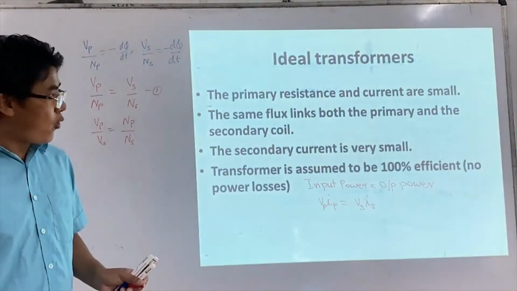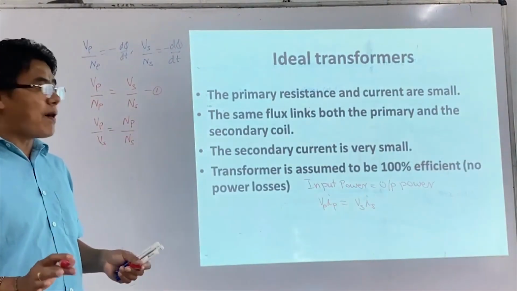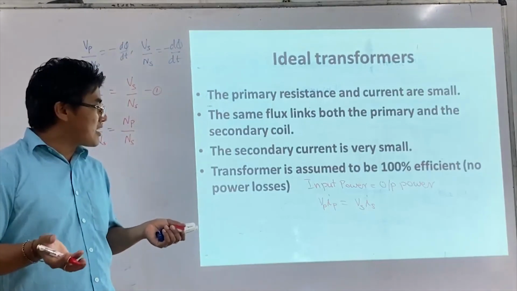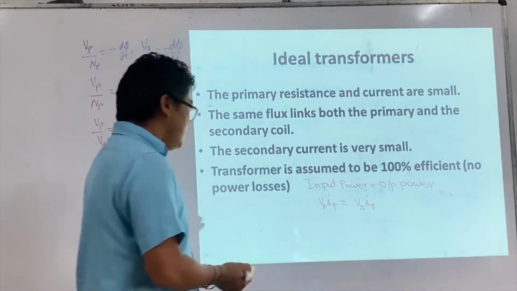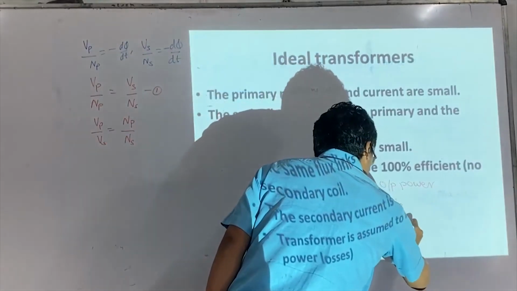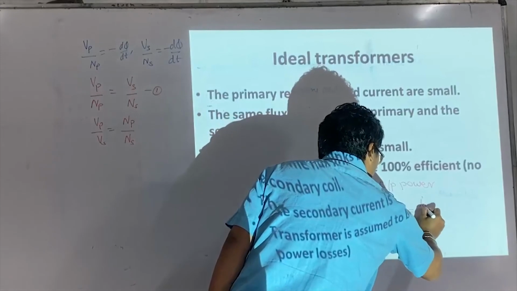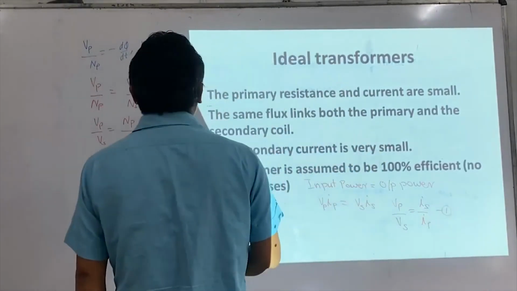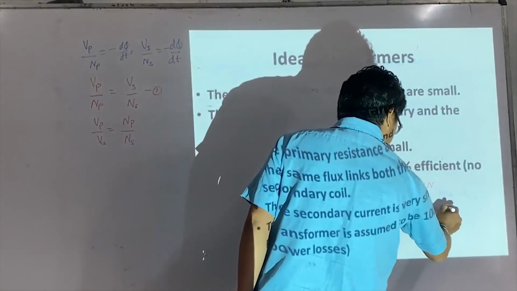There is no power loss. Actually, there is a power loss, but since we assume it as an ideal transformer, there is no power loss. So therefore, Vp divided by Vs is going to be Is divided by Ip. This is one more equation.